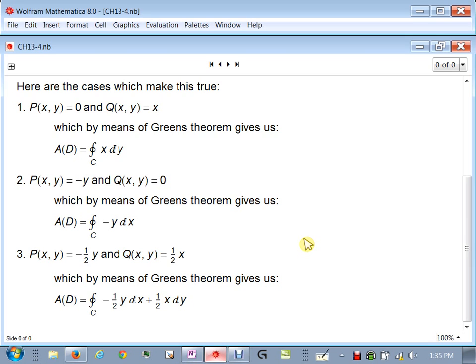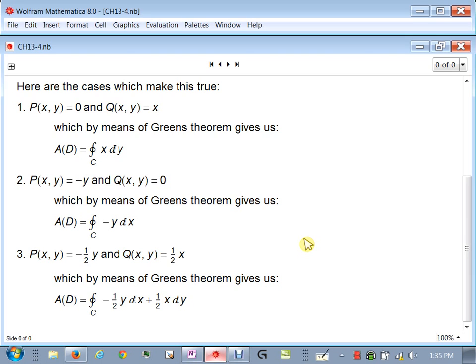Then what's the partial of Q with respect to x? 1, minus the partial of P with respect to y, which would be 0, so you get 1, wouldn't you? Now you could do it this way also. If P was negative y and Q was 0, then if you computed partial Q with respect to x minus partial P with respect to y, you would also get 1, right?